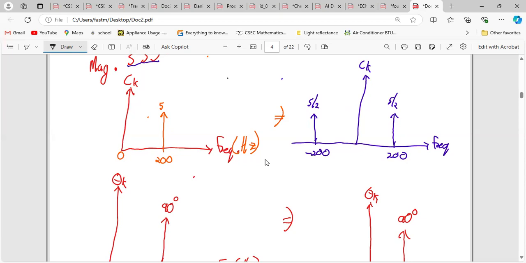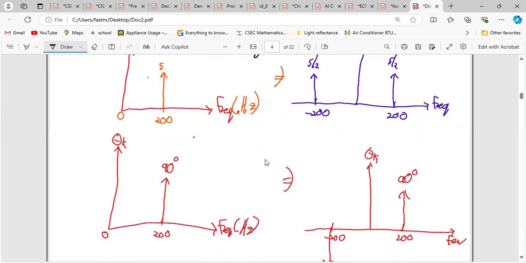So to go from single-sided to double-sided, the magnitude and frequency both get involved, because it's a mirror. And the magnitudes halve. So if you had 5, it would be 5 on 2 for the two spokes, and the frequency mirrors, because this is a double-sided spectrum.